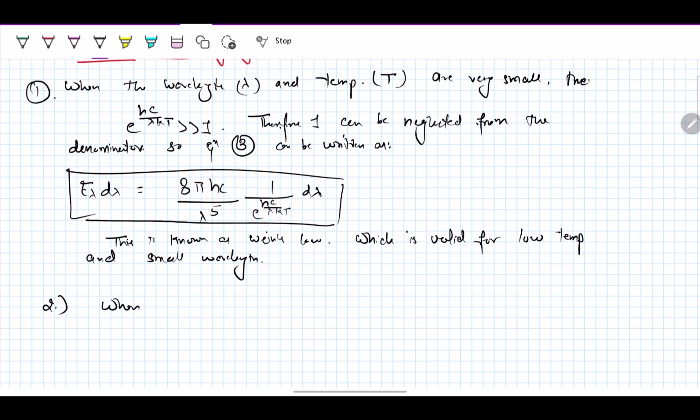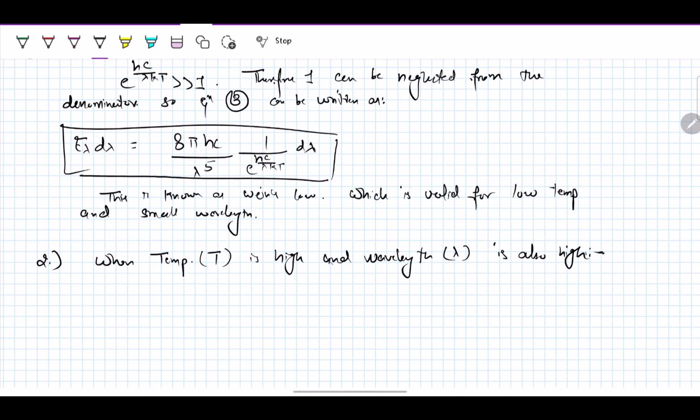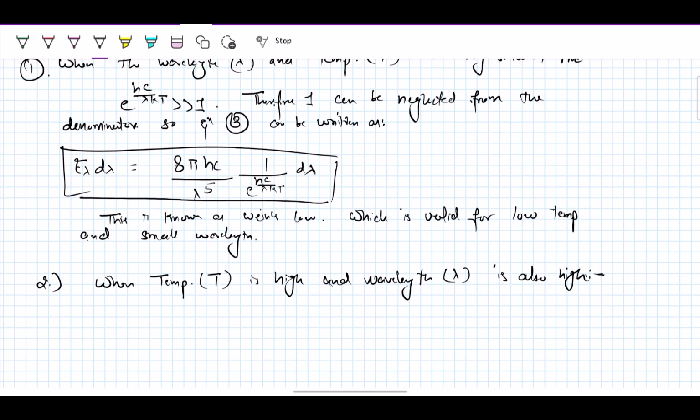And in the second case, when temperature T is high and wavelength lambda is also high, what we need to do is expand the exponential till the first term.